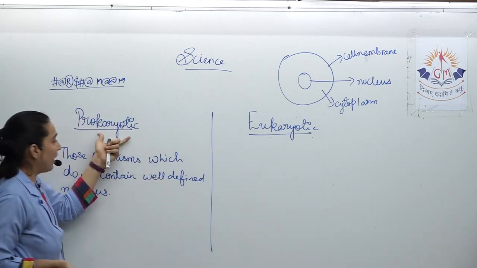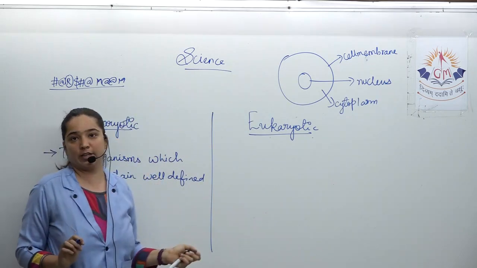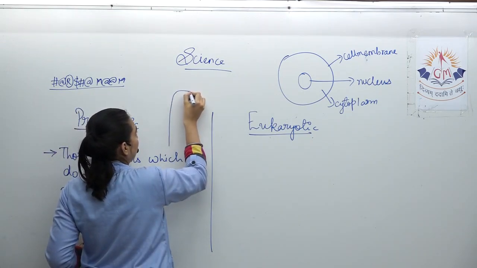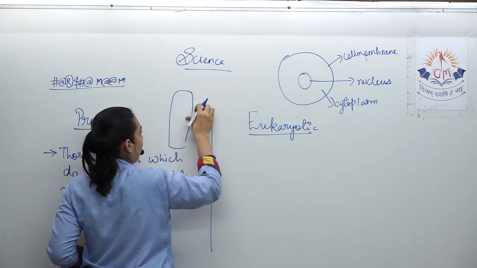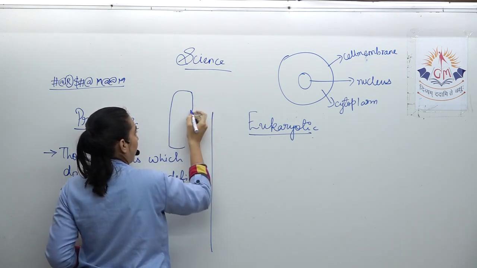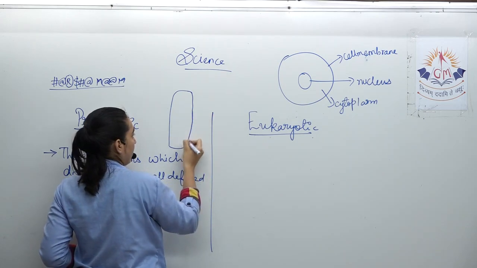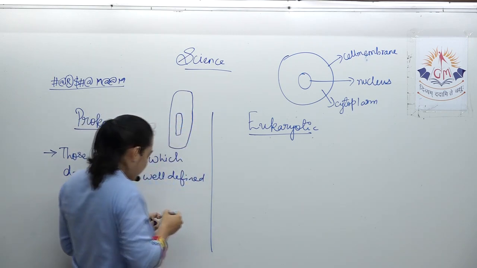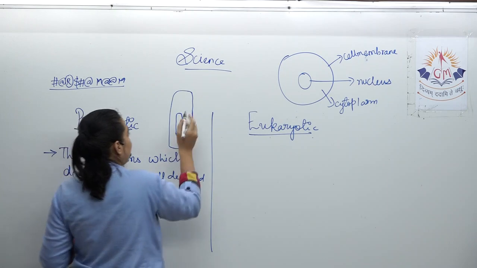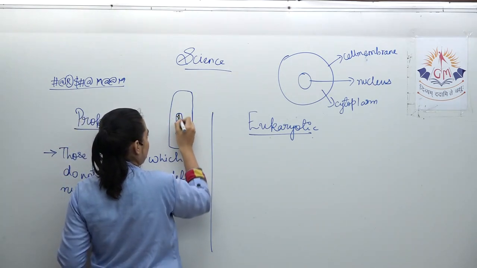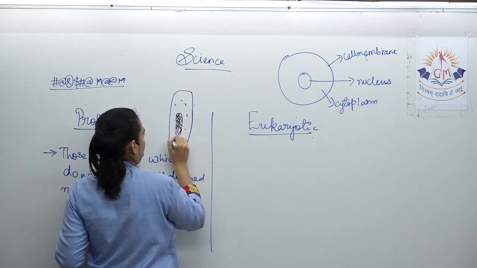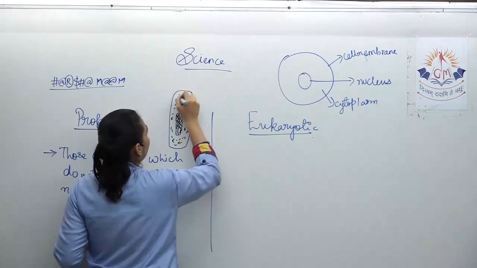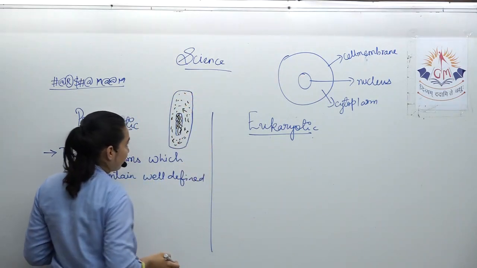But this prokaryotic cell does not contain a well defined nucleus. Suppose this is any bacteria, then instead of a nucleus there is a nucleoid present in it, and no membrane bound organelles are present, it only contains ribosomes.